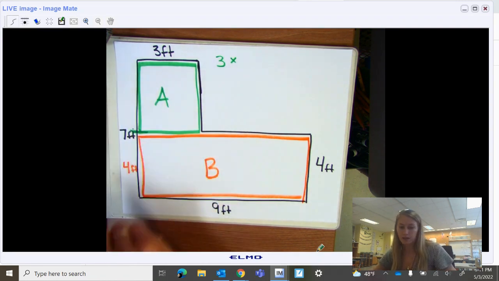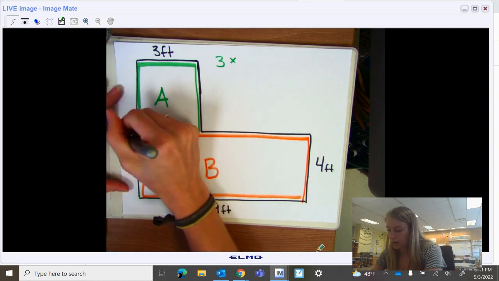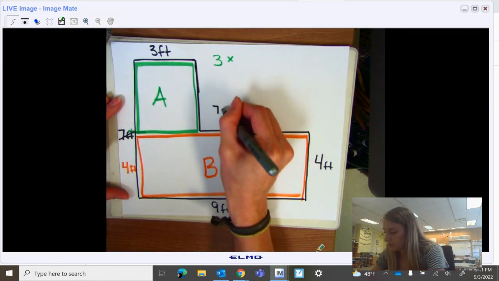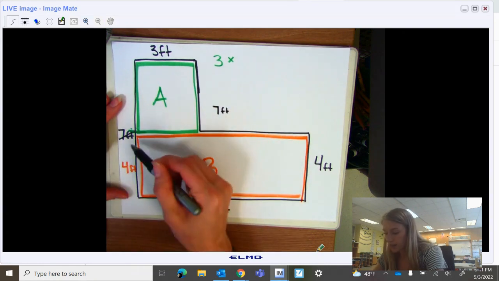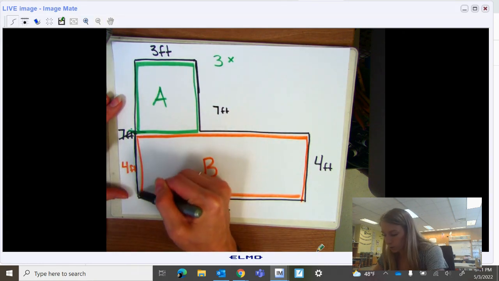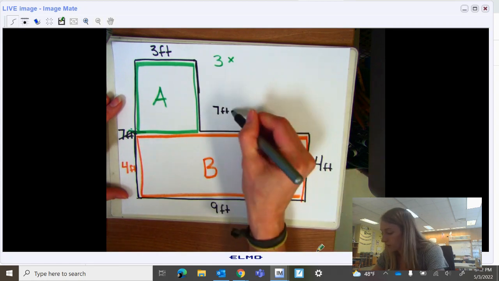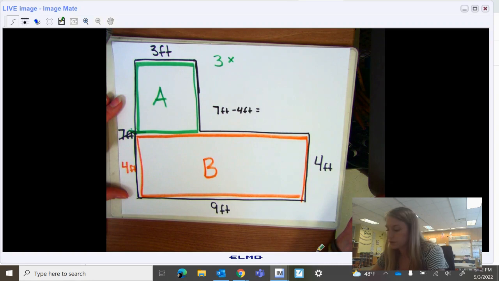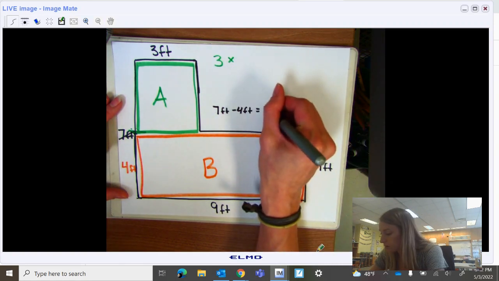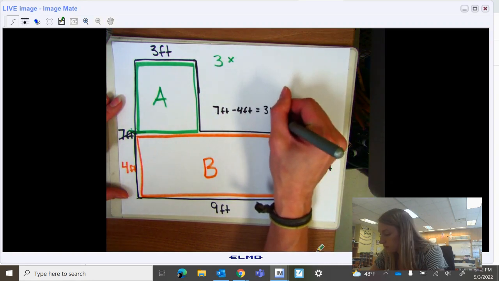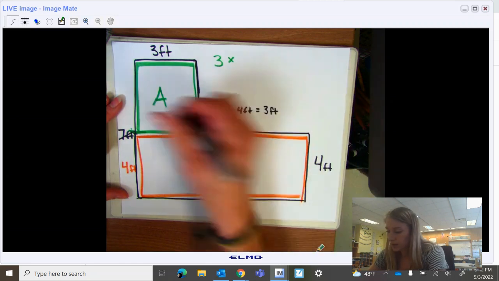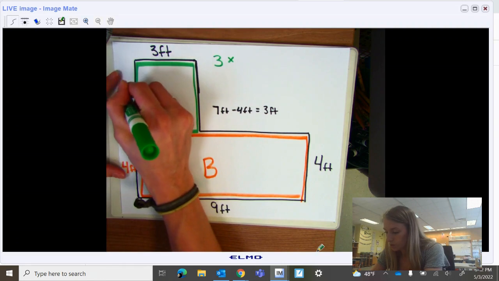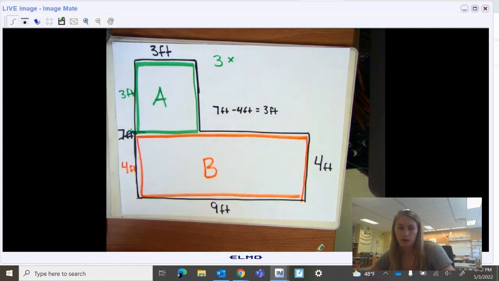What is left? If I had 7 total and I had to split it up, I have 7 feet, and I'm taking away this orange side length here of 4 feet. I am left with 7 minus 4 is 3 feet.